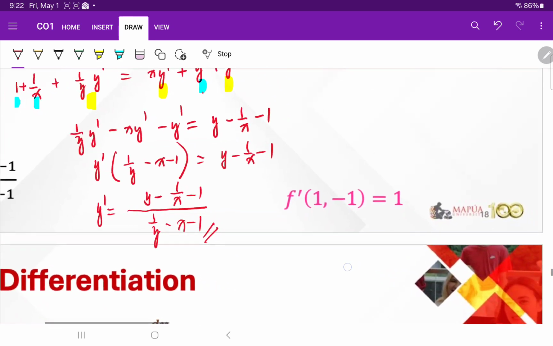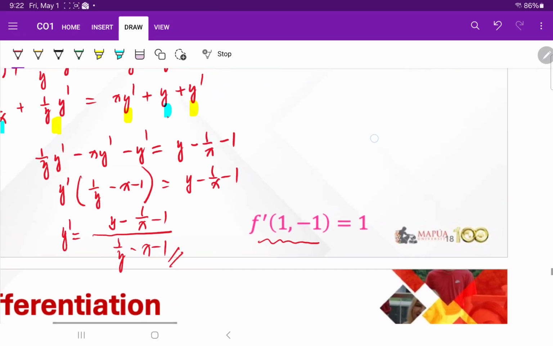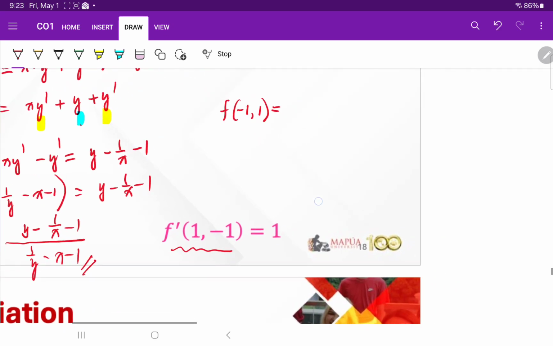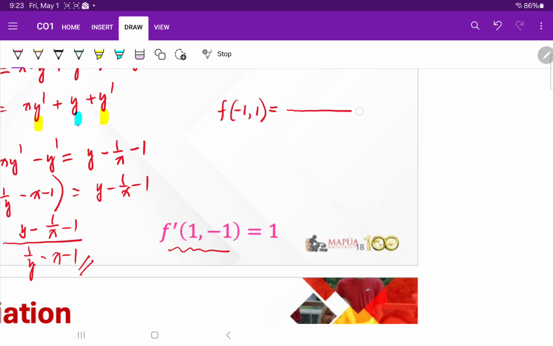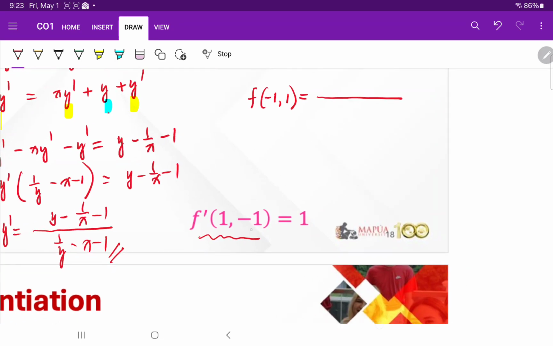But what is asked is this one. So what will you do? How do you solve for f of negative 1, 1? So replace this is your x, and this is y.